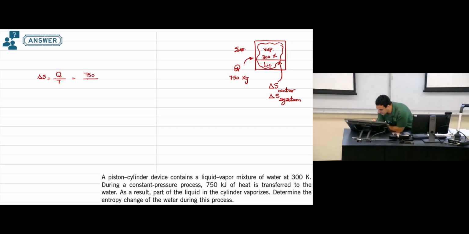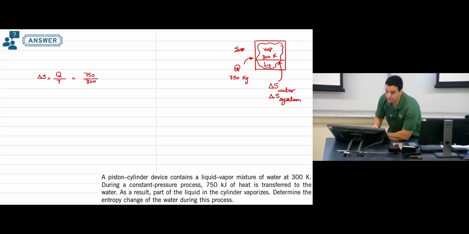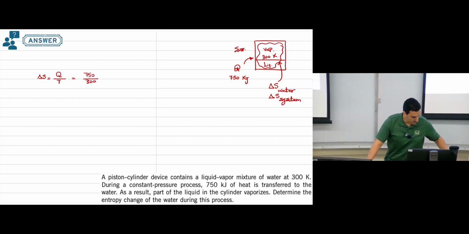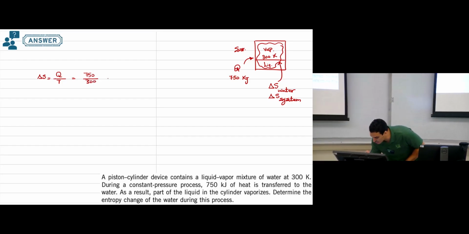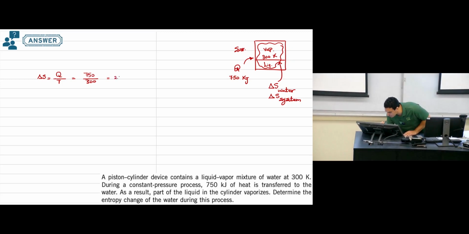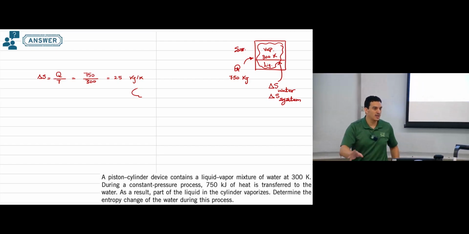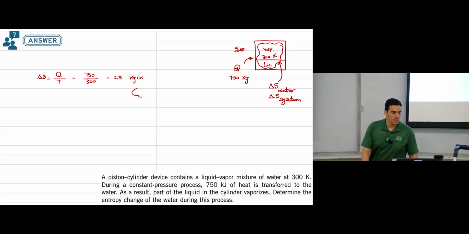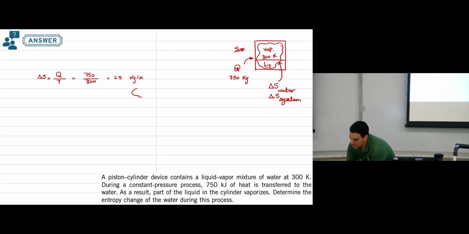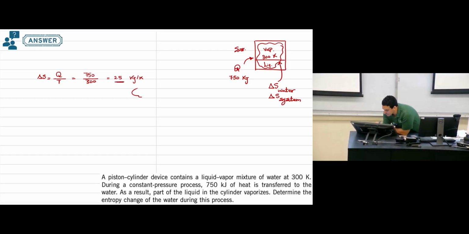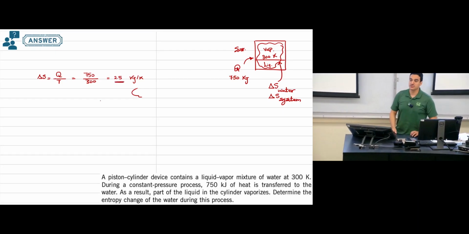Then divided by the temperature. Temperature is constant also in this example. Then we can substitute in this, and delta S is 2.5, and the units will be kilojoule per Kelvin. And this is what we need to find. Just very simple. Substitute in the equation, calculate the entropy change.